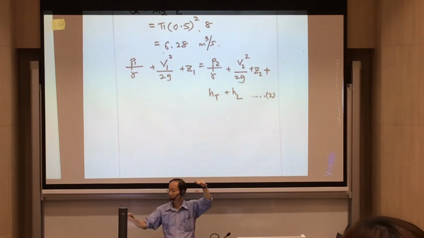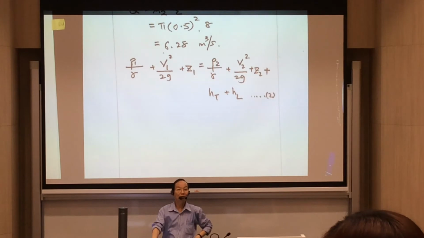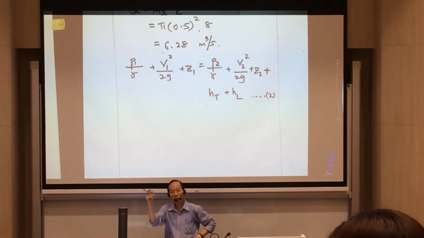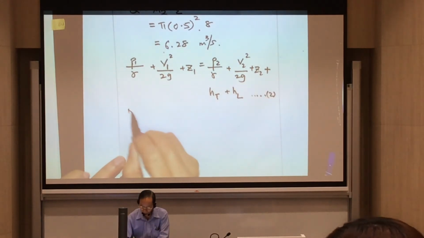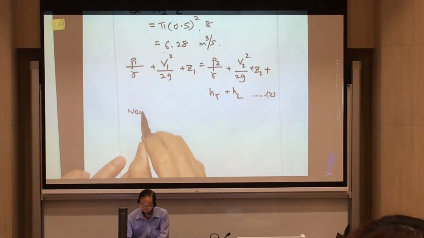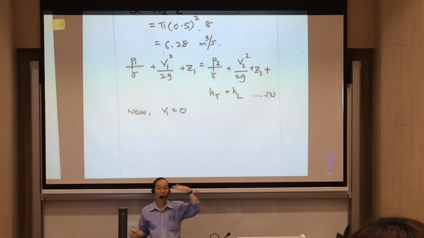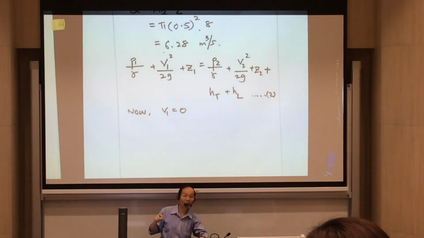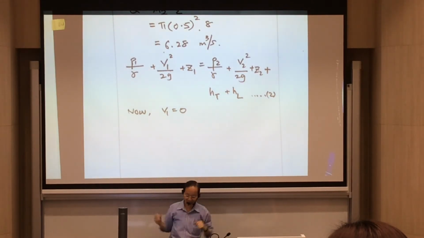In generating power, the water level stays the same height. So V1 is approximately equal to 0. It just stays the same because it's a very big lake.